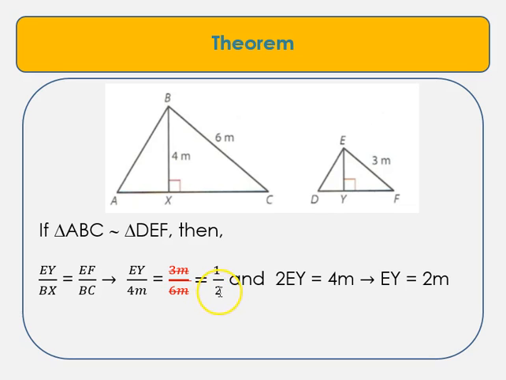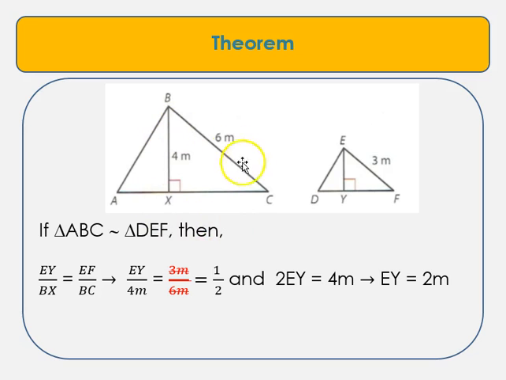Now if we multiply across, we have 2 EY equals 1 times 4 meters, which is 4 meters. And we need to solve for EY, EY being the altitude of the smaller triangle. And we do that by dividing by 2 on both sides, and EY equals 2 meters.